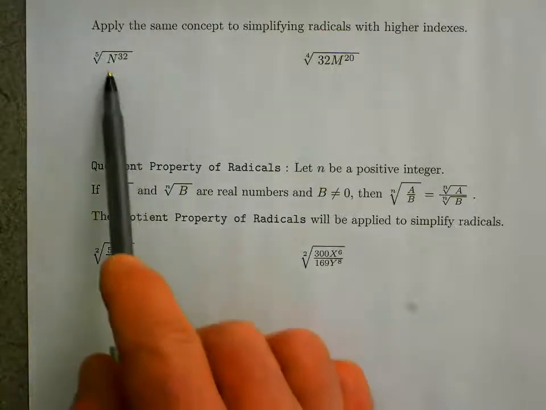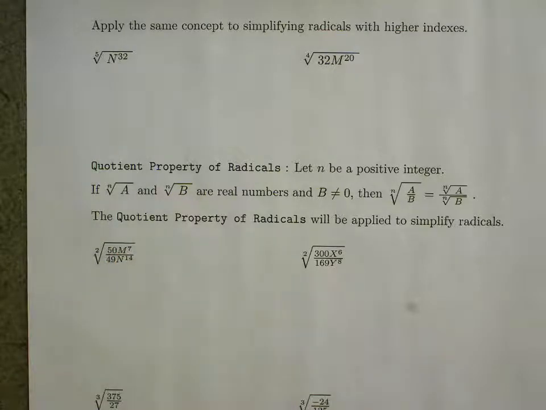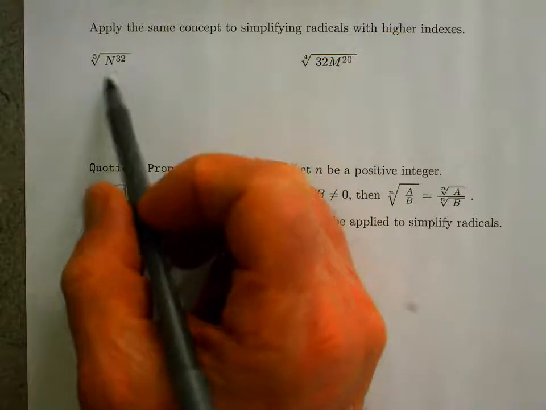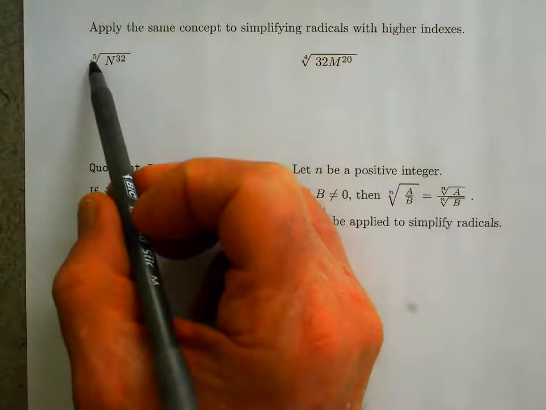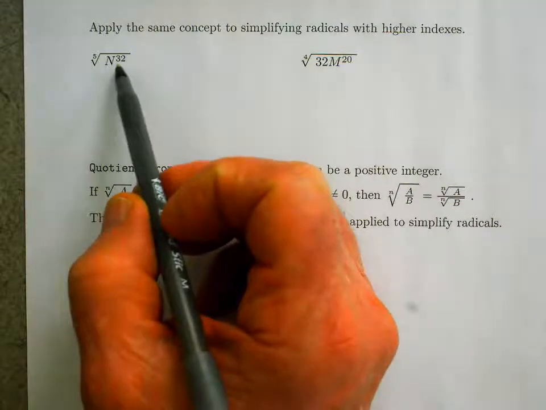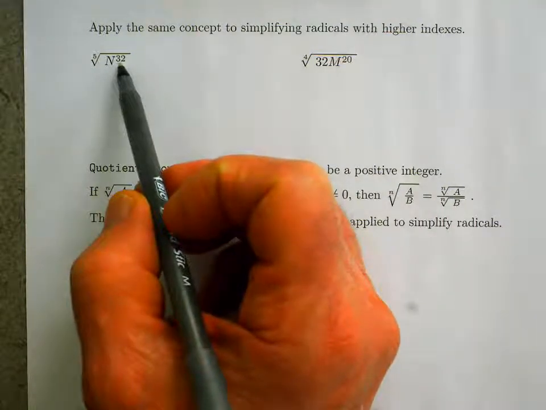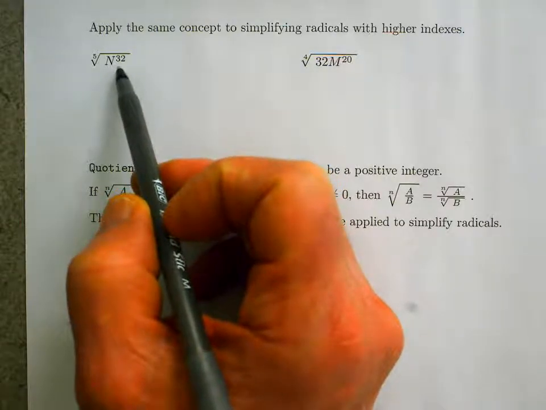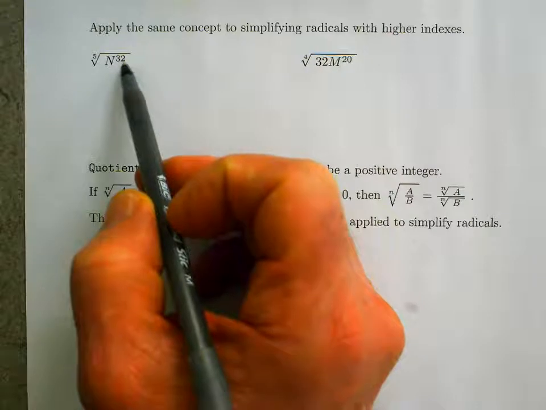So with variables and exponents on those variables, how do we know that we have a perfect fifth power? If the exponent is a multiple of 5, then it's considered a perfect fifth power. 32 is not a multiple of 5, so we work backwards to 31. Is 31 a multiple of 5? No, so then we keep going.